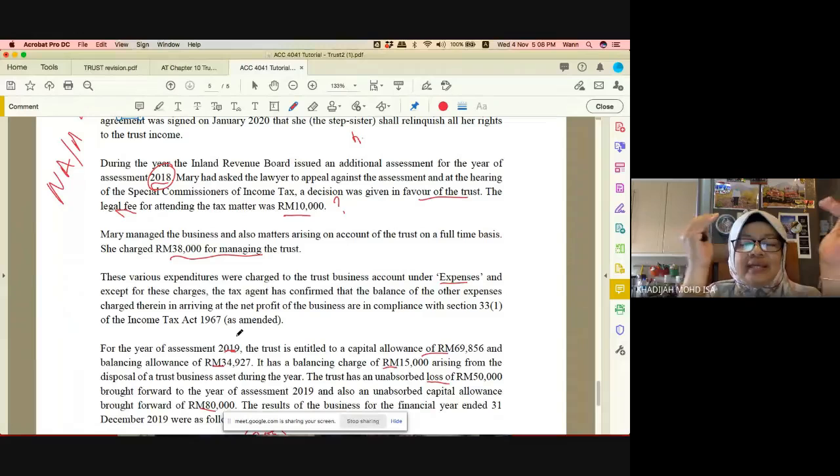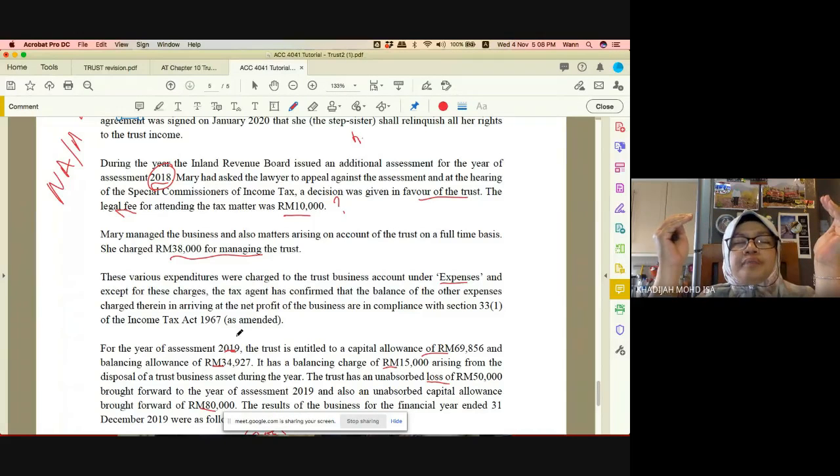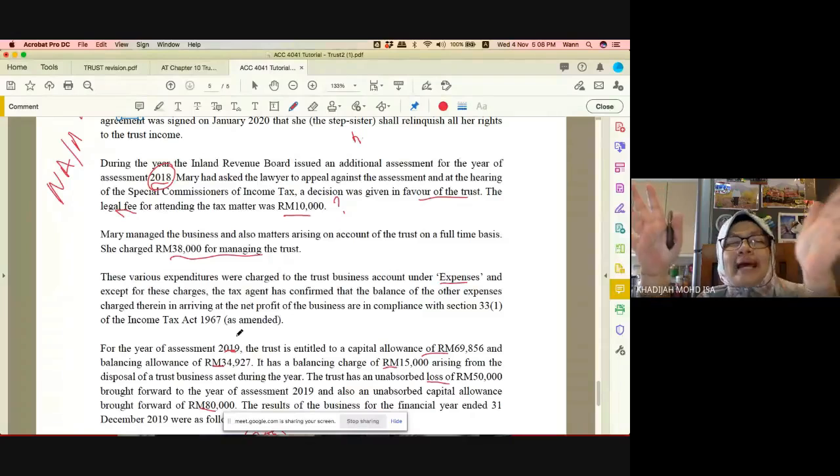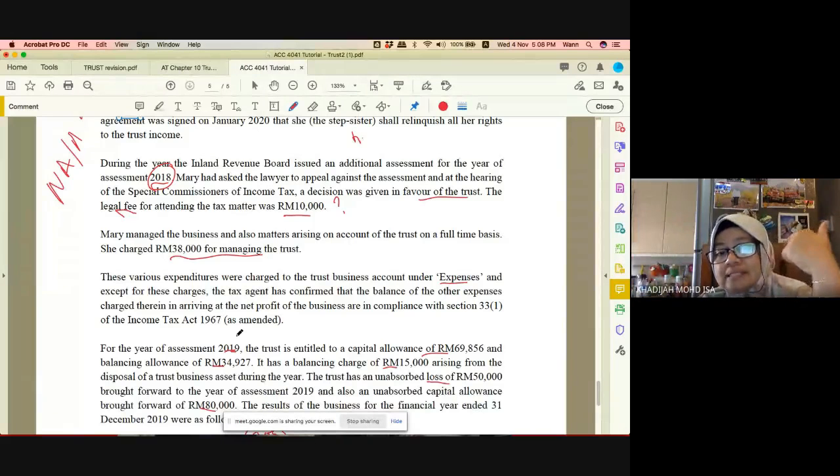For income tax, you can claim as allowable the agent fee for compliance and tax filing, even though there's a restriction, I think now it's 10,000 ringgit. But in this case, it's the legal fee you pay to manage the tax matter, and that tax matter is in relation to 2018, that's why it's not allowable.